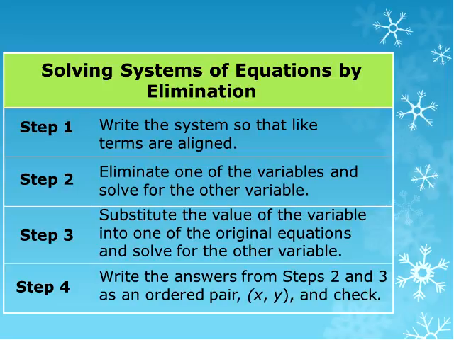So that means we're going to have the x's lined up on top of each other, the y's lined up on top of each other, and then the constants at the end lined up together. The second step after we align those is to eliminate one of the variables. So that's when we would take a look at our system and decide which variable we want to get rid of, whether it's going to be the x or the y.